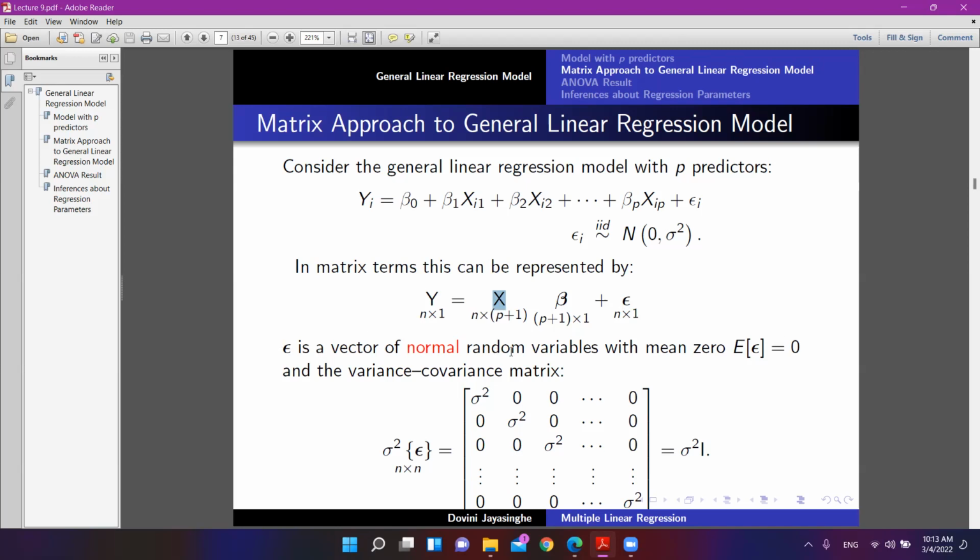Epsilon is a vector of normal random variables with mean 0 and variance covariance matrix this. These diagonal elements will give you the variance, and it should be sigma squared everywhere. Theoretically, it should be sigma squared everywhere because we assume the regression model to have constant variance.